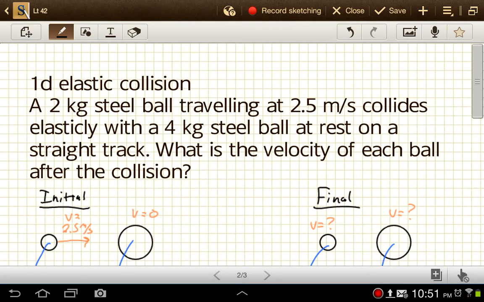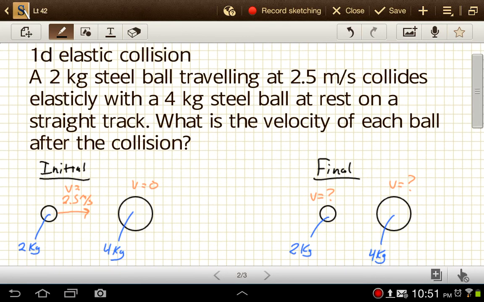First off, we'll have a collision between two steel balls, and I chose steel because it doesn't deform much under contact. Things that stretch out or compress a lot, they tend to have a lot of energy lost in these collisions, or not lost, but changed from kinetic to another form.